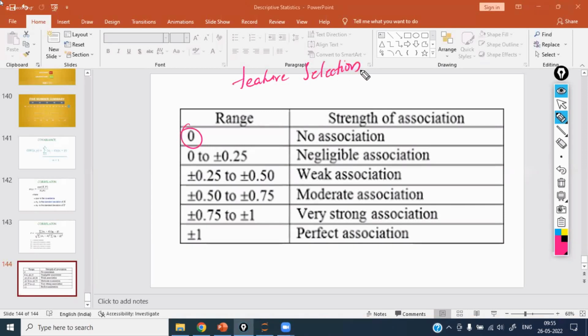For selecting the important parameters for predicting the variable, we remove the parameters with very low correlation from our data set. Those with very high correlation, we are going to focus on.